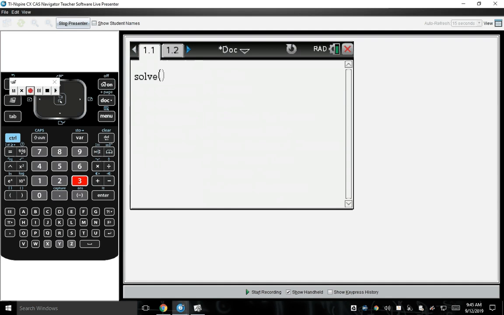What was the equation again? 4x plus 3 is equal to x squared plus 3. Is that correct? Now, you have to tell the calculator what to do. You have to be smarter than the calculator. What variable did we want it to solve for? X, right? So we're going to do comma x. And when I press enter, there are our answers. 2 different ways.